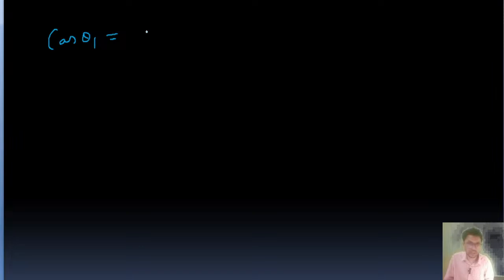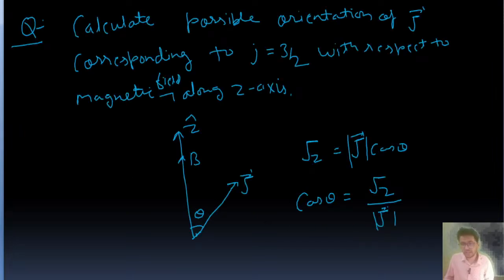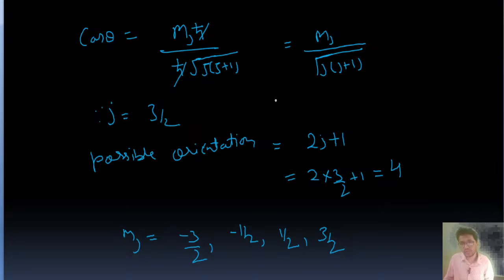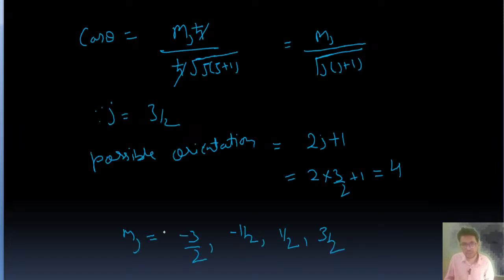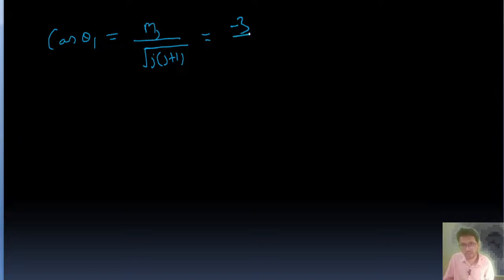Cos theta 1 value is going to be this one. Simple, this formula, right? Mj upon root j into j plus 1. Mj possible values are minus 3 by 2 and so on, and the denominator is root 3 by 2 into 3 by 2 plus 1.